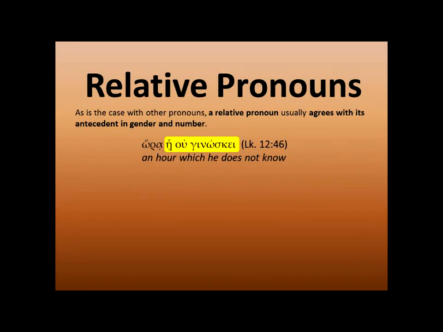Here is our relative clause, which he does not know. The relative pronoun he, the eta with an iota subscript, agrees with its antecedent in gender and number. It is feminine and it is singular, to agree with hora.